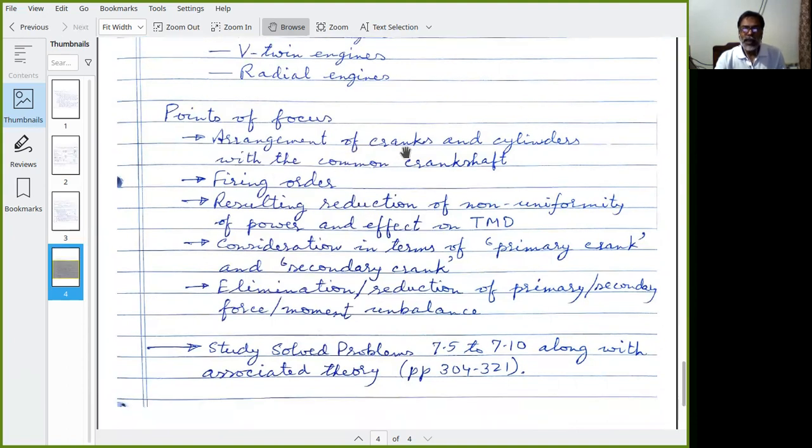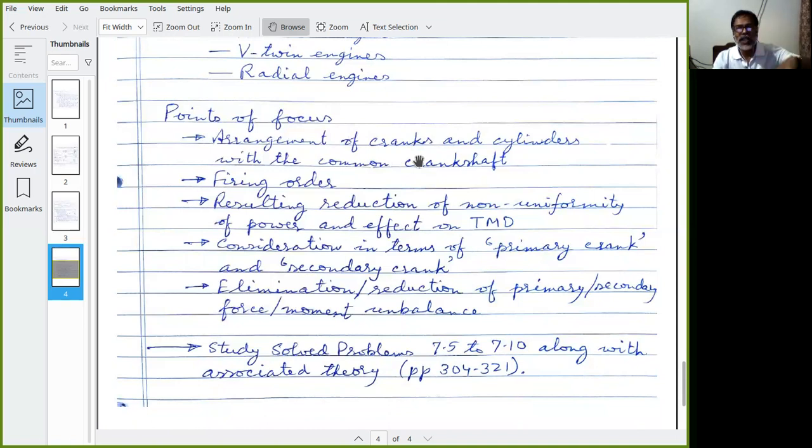One is the arrangement of cranks and cylinders. Actually, the arrangement of cranks is not a big issue, because in radial and V-twin engines it is the same crank. In the case of inline engines, though nominally they are different cranks, since they are built integral with the crankshaft, it turns out to be the same rigid body.